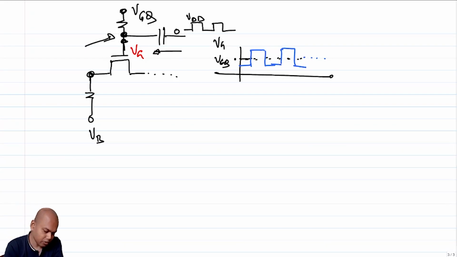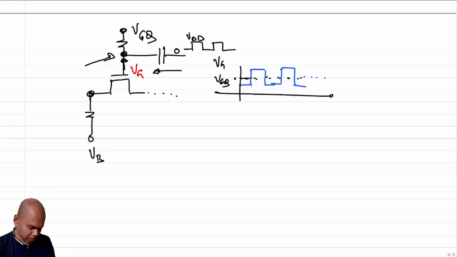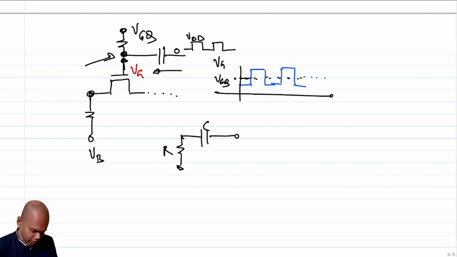correct? DC current through the capacitor is 0, which essentially means that... so before I assume the output of a square wave, let me ask you this question. Let's say I have an RC circuit similar to this. This is R, this is C, and for the purpose of this explanation, assume this is grounded.